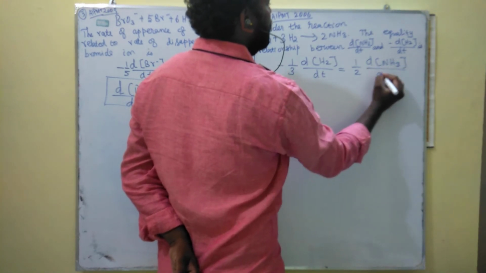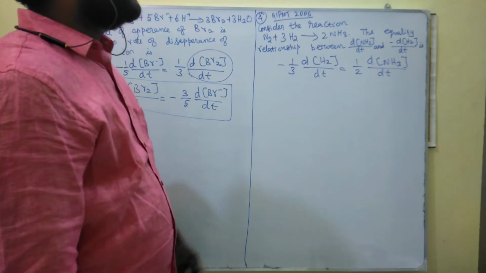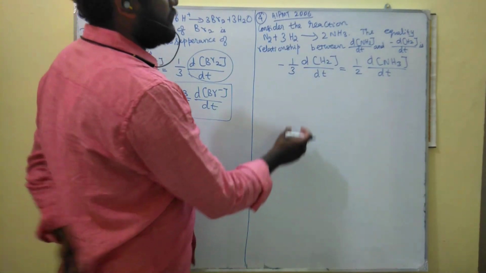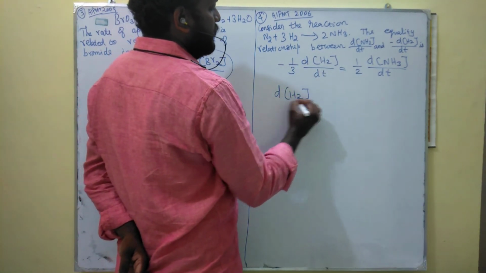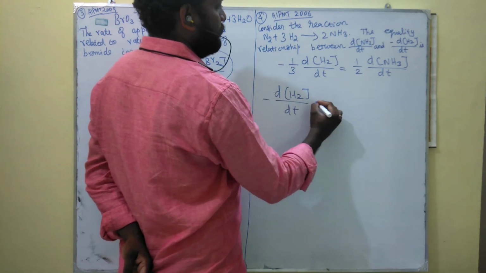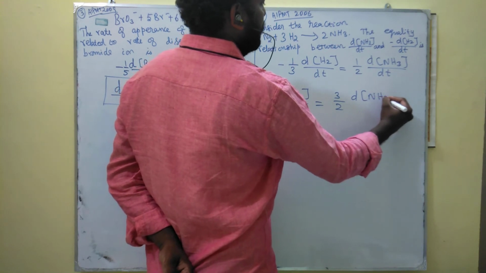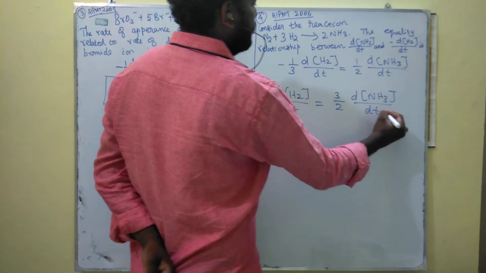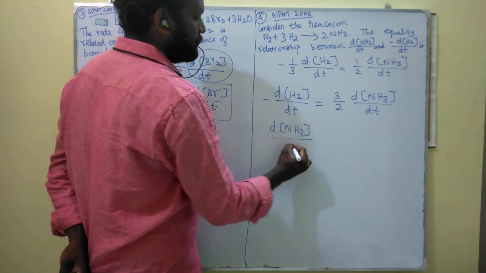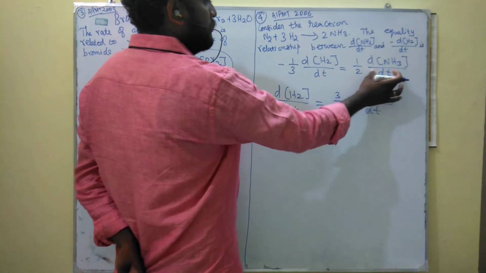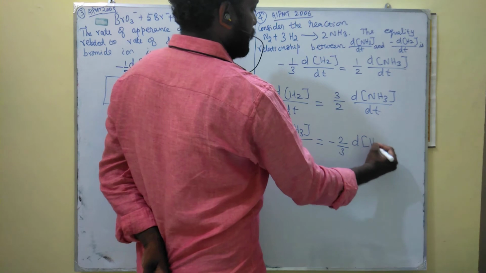Based on the options given, you have to make the changes. There are two possible relations. One is d[H2]/dt is equal to 3 by 2 d[NH3]/dt. Or d[NH3]/dt is equal to minus 2 by 3 d[H2]/dt.